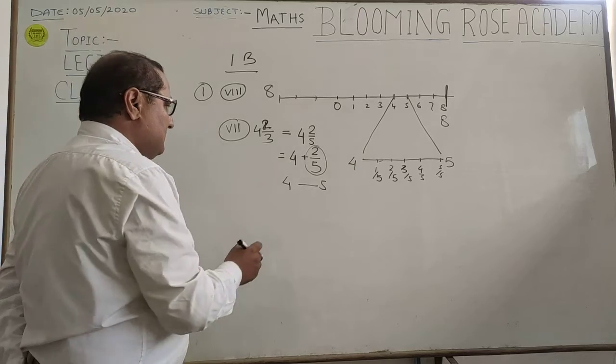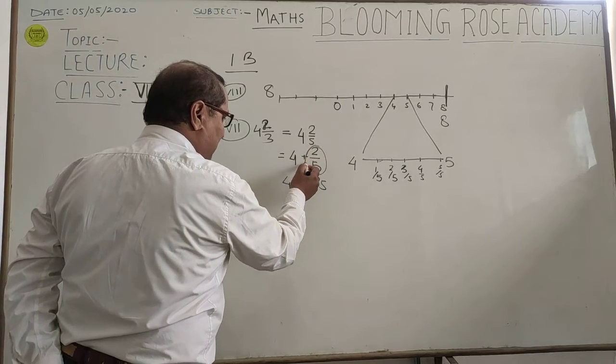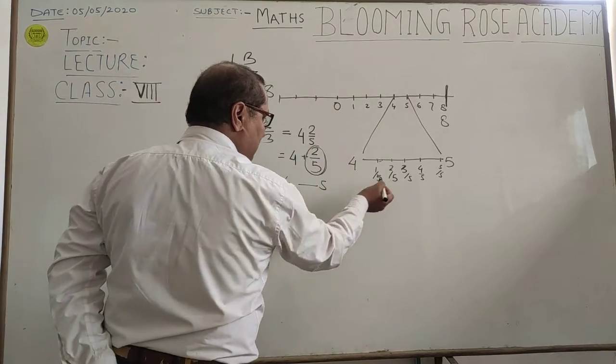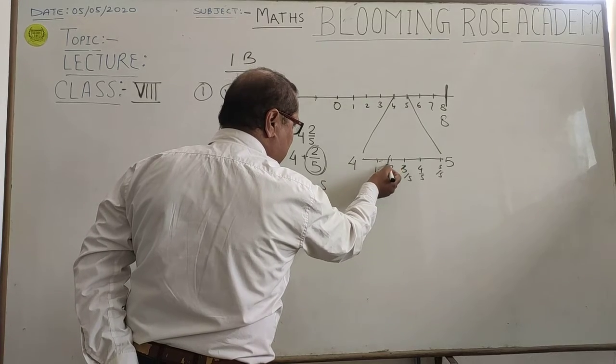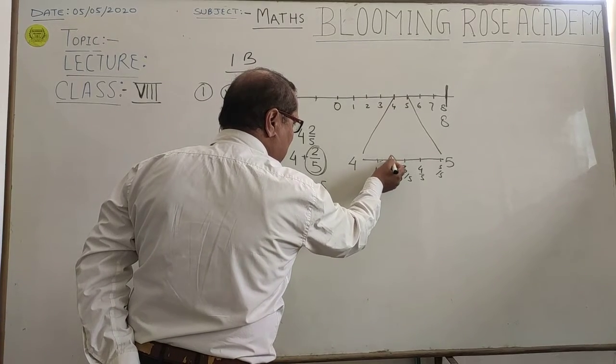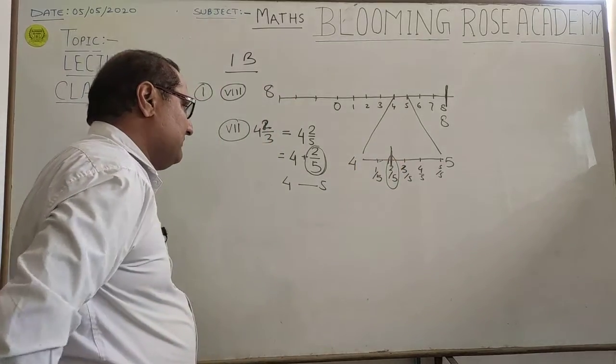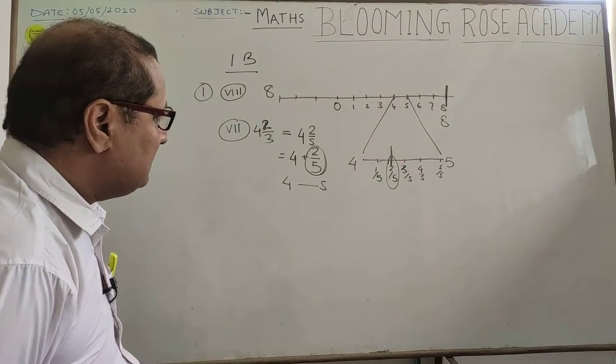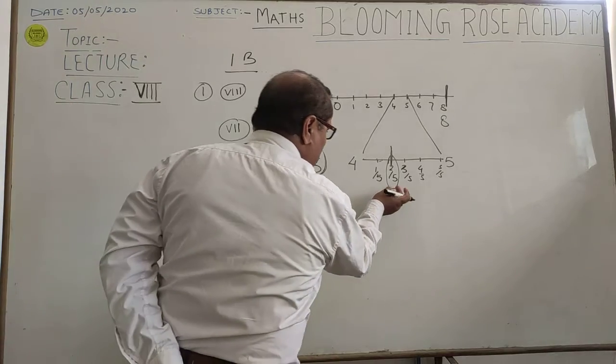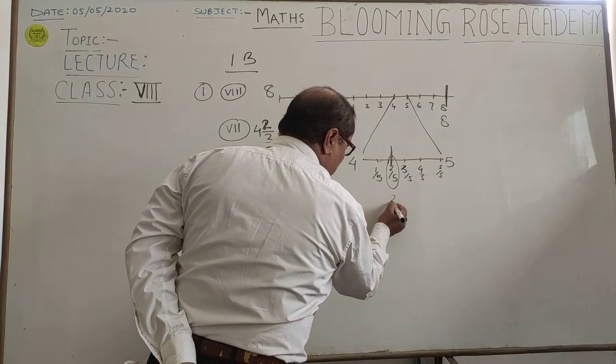In your question we have to find 2 by 5. Here, this is 2 by 5.